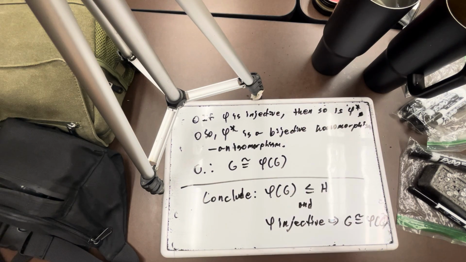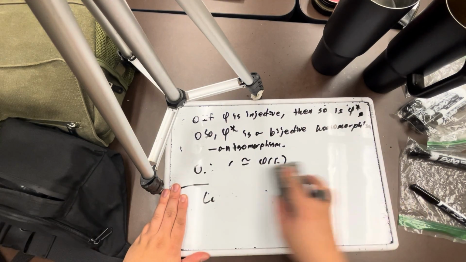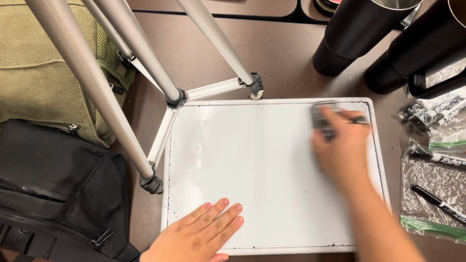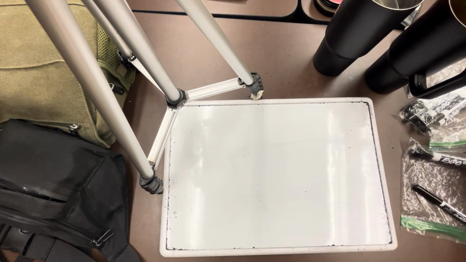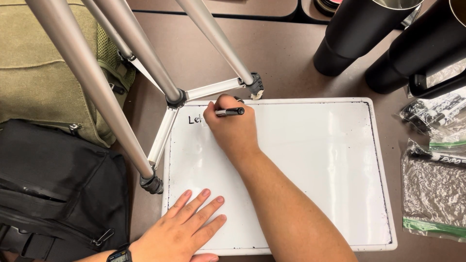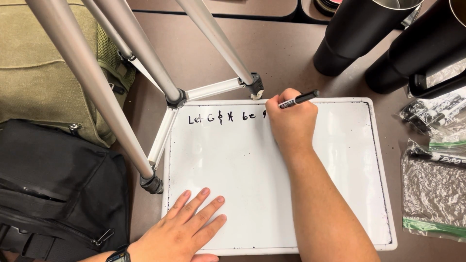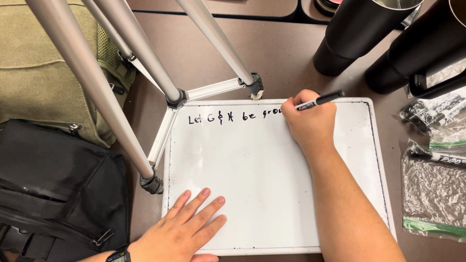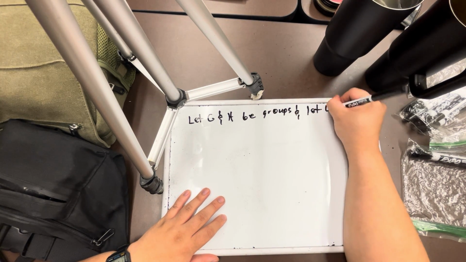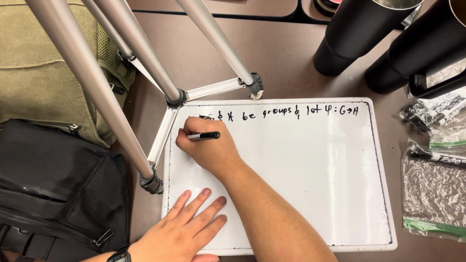Exercise 14, on to exercise 14. So, for exercise 14, let G and H be groups, and let phi be the map from G to H, be a homomorphism.